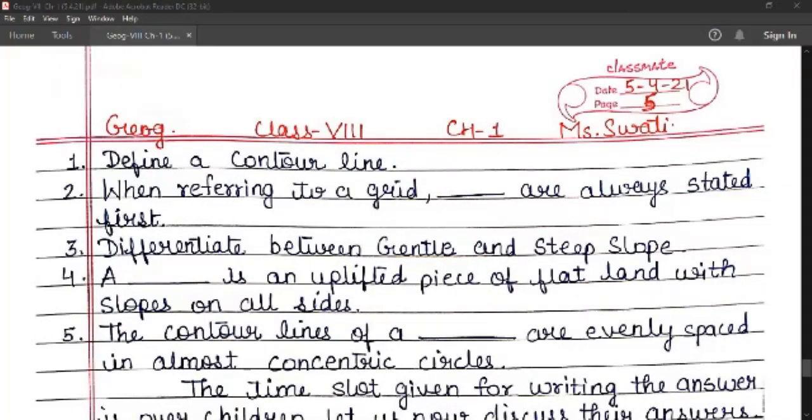Question number 3, differentiate between gentle and steep slope. Question number 4, a dash is an uplifted piece of flat land with slopes on all sides. Fill in the blank. Number 5, the contour lines of a dash are evenly spaced in almost concentric circles. Fill up.